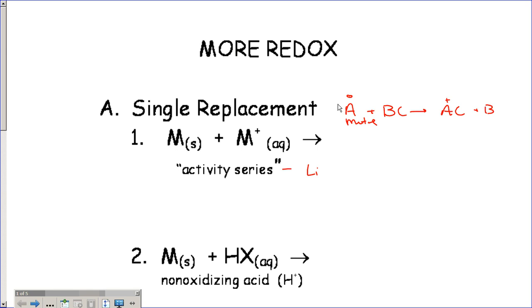Basically, family 1A and 2A are the most reactive, and as you move down those families on the periodic table, those elements get more and more reactive, so they are better at oxidizing and they are better reducing agents.